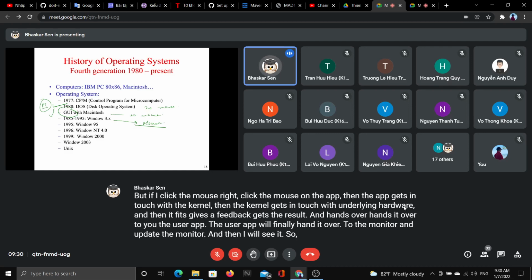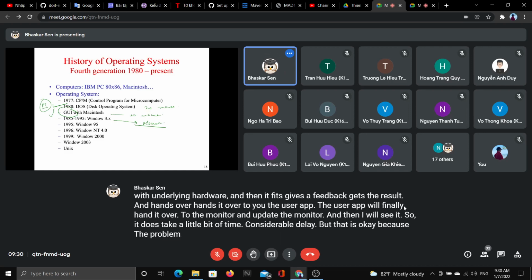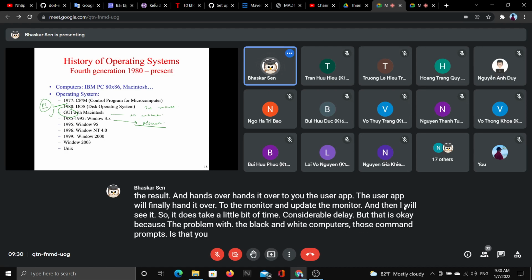So it does take a little bit of time, a considerable delay. But that is okay, because the problem with the black and white computers, those command prompts, is that you have to remember a lot of commands. So it's a huge load on the memory.